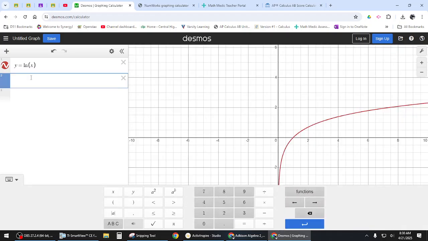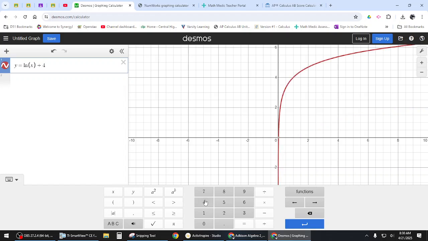Actually, can I just add the 4 to this one? Plus 4. So see, it just moves it up, but it doesn't change its character in any other way. Right? Did you see that?